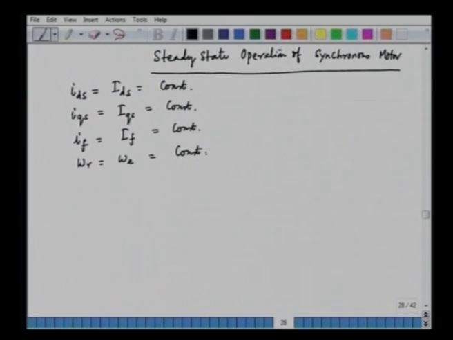We know that in a synchronous motor we also have the damper windings, and the damper windings are present in the D axis and Q axis respectively. What about the damper winding currents? Here we also assume that the flux linkages in the rotor are constant. It means psi kd and psi kq are constant, there is no transient disturbance, and hence naturally the damper winding currents will be equal to 0.